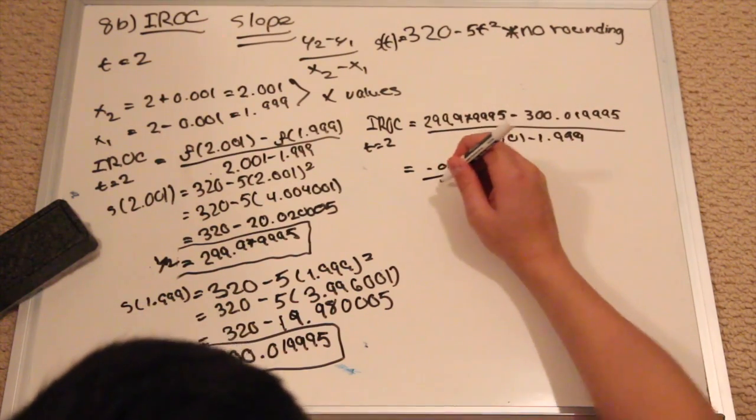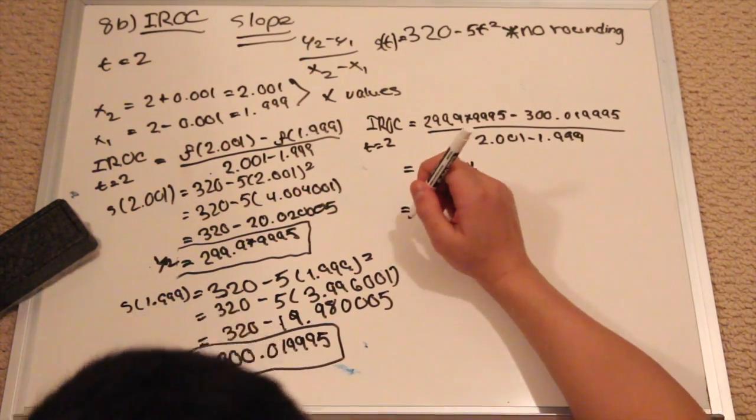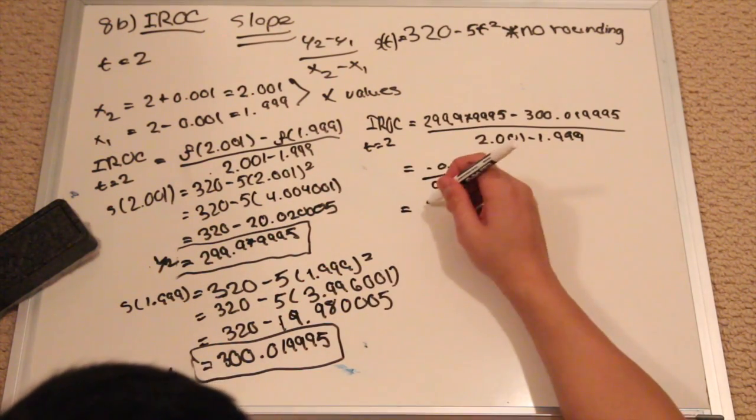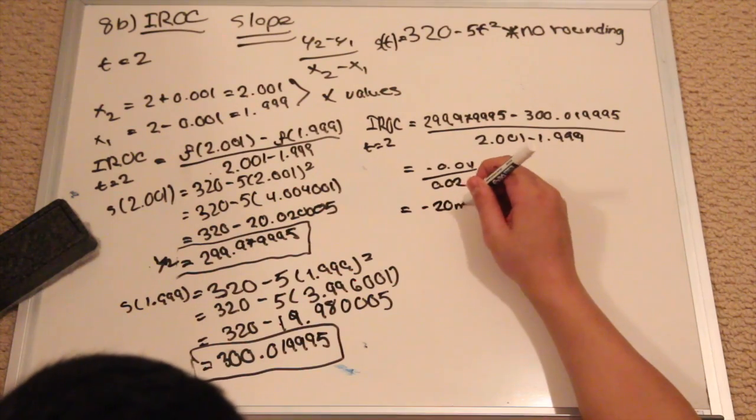Alright, so for this at the top here is going to equate to negative 0.04, and at the bottom is going to equal 0.02. So if you do the division on your calculator, it's going to come out to negative 20 meters per second.